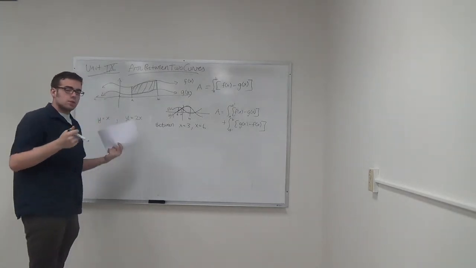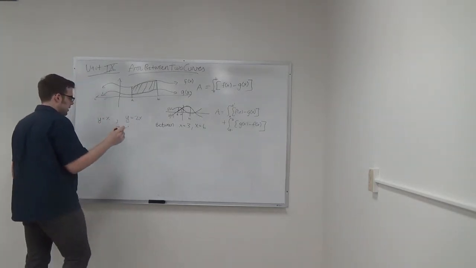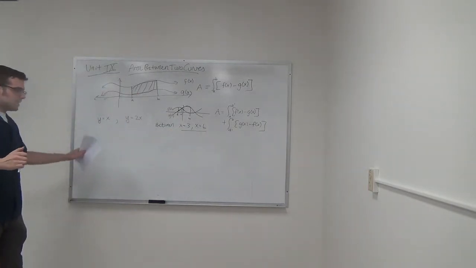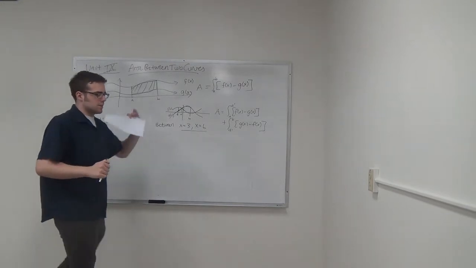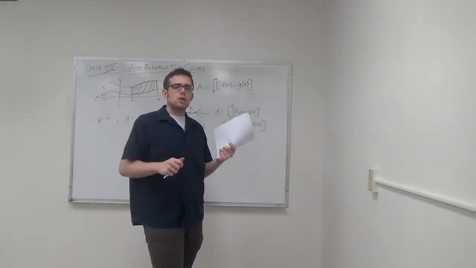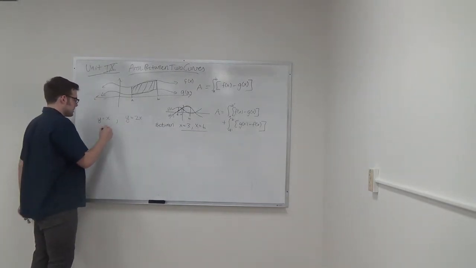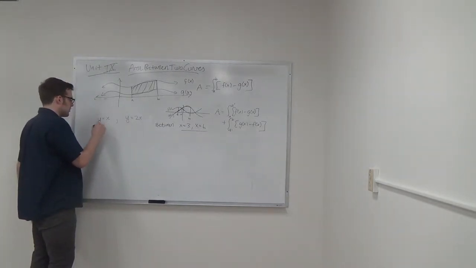So we can do this simply by evaluating these functions within the intervals. It's simple for a linear equation. It's a little more involved for something that's not linear. But we can easily see this because these are linear.